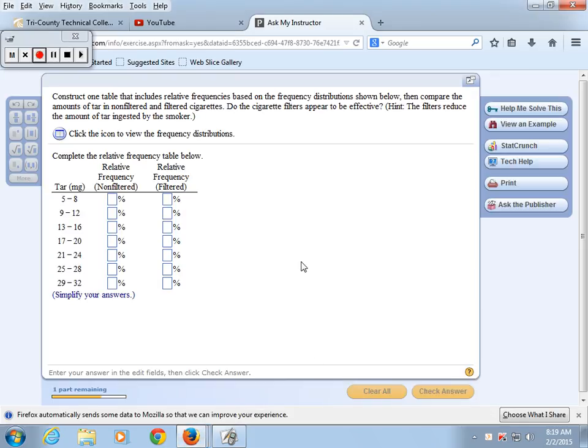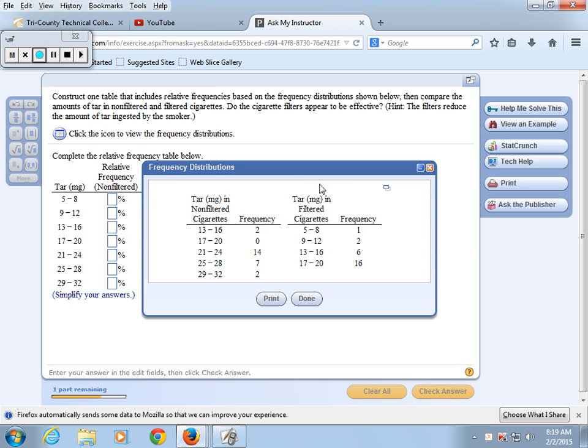Okay. So it says construct one table, relative frequency, and one table that is probably cumulative frequency. But let's see what it says. Construct one table that includes, okay, we've got to look at the frequency distributions right there.